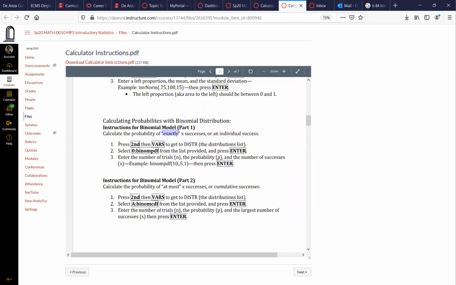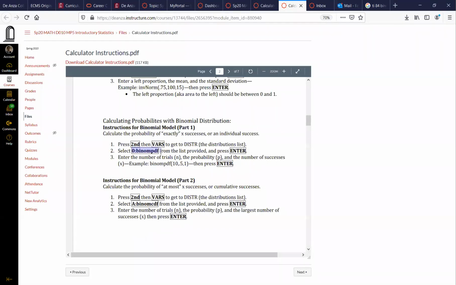So turn on your calculator, press second, then vars, then select 0, binomial PDF. Guys, this is very important. It is binomial PDF, not binomial CDF.